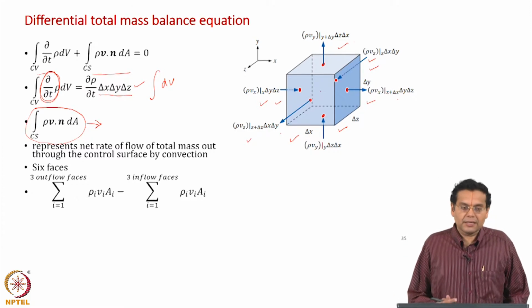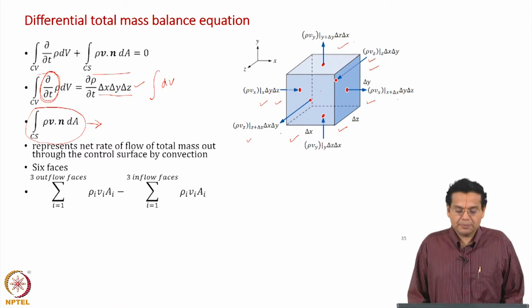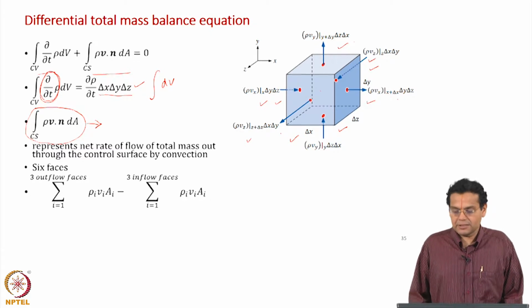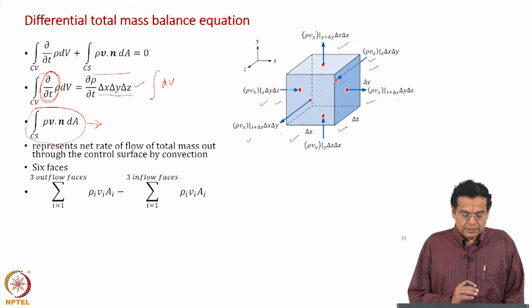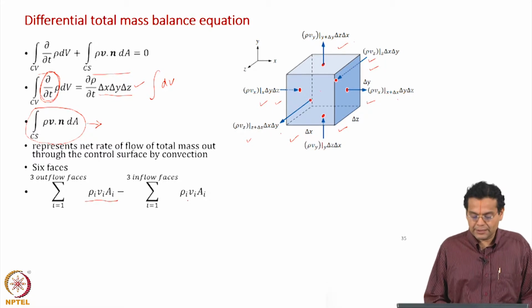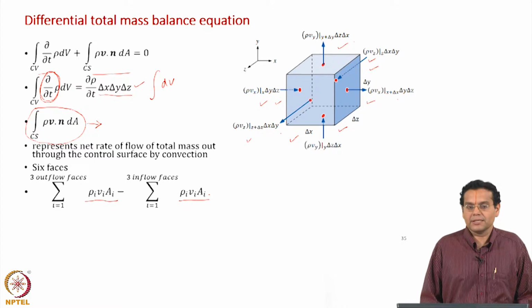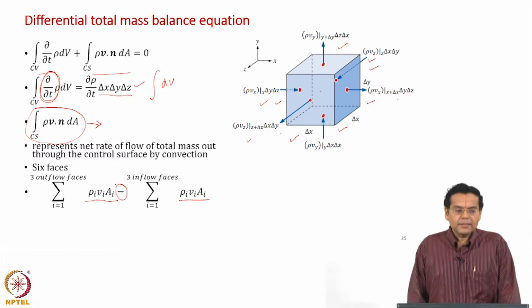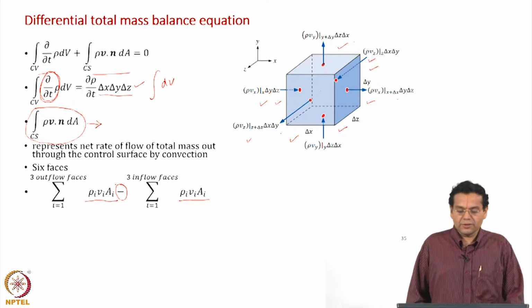Our differential equation is going to be expressed in terms of measurable properties, namely density and velocity. That is why the expression you see is rho i, V i, A i for the outflow faces, and similarly for the inflow faces, and we have taken care of the negative sign ourselves instead of leaving it to V dot n.